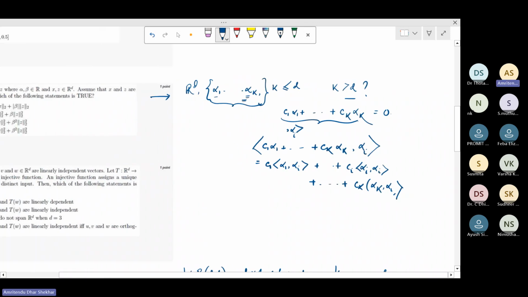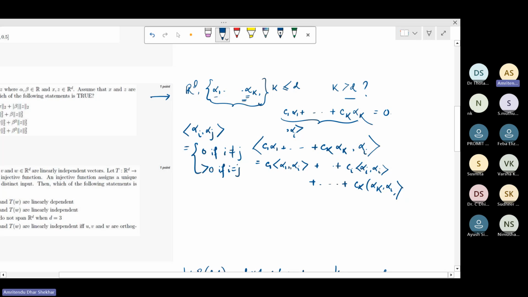Now by assumption, these are orthogonal to each other. So alpha i, alpha j is equal to 0 if i is not equal to j, and it is a positive number if i equals j.